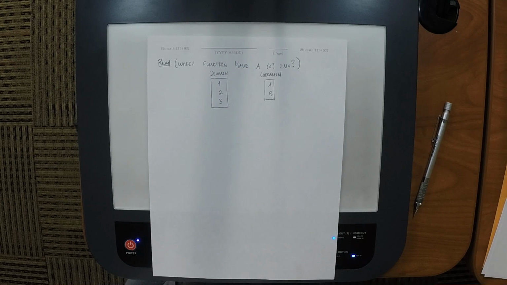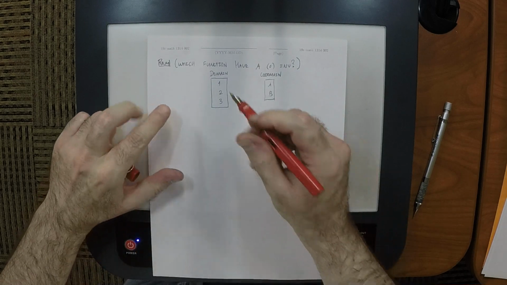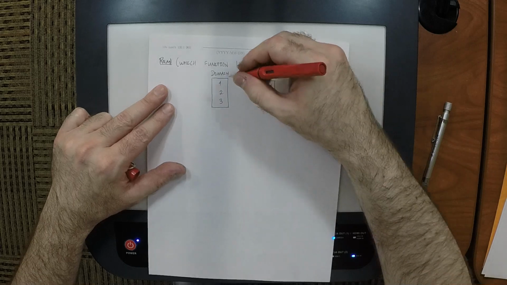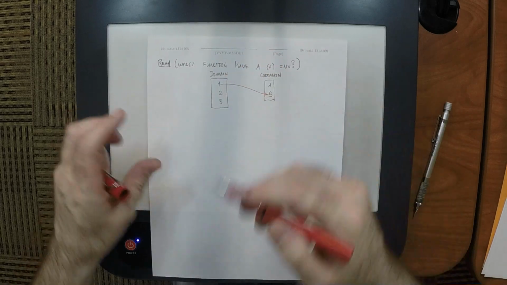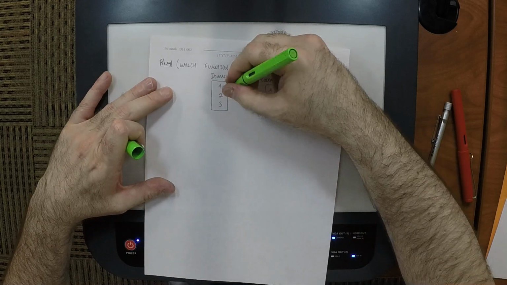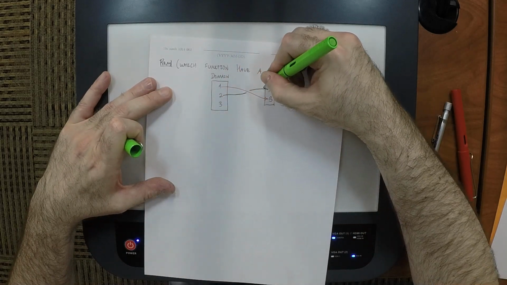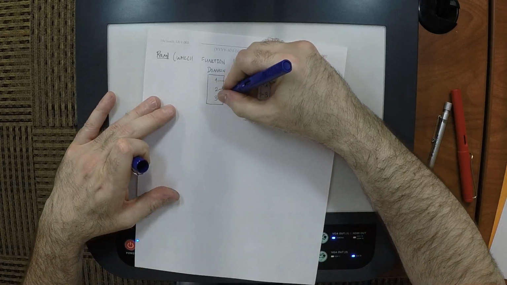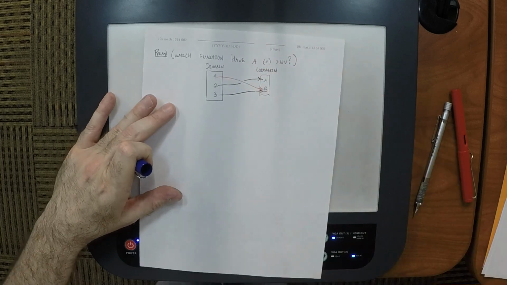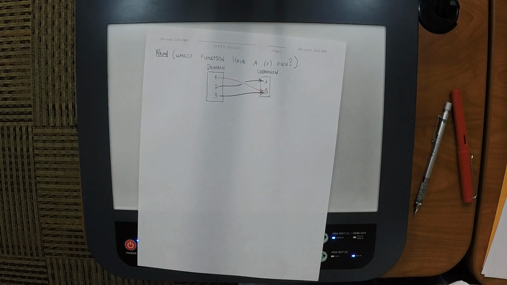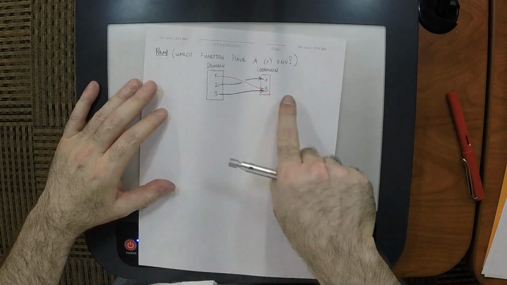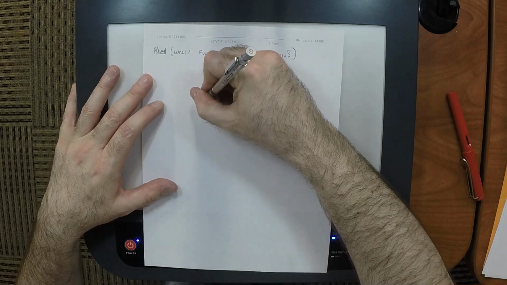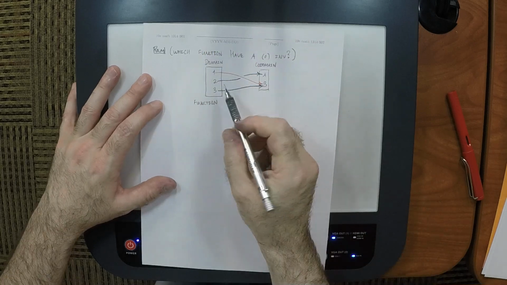But to be a function, you draw one arrow from everything in the domain over to the codomain, however you want. So maybe 1 goes to B, and 2 to A, and maybe 3 goes to B. Relations are when you draw the arrows however you want, but to be a function, you can only have one arrow leaving.